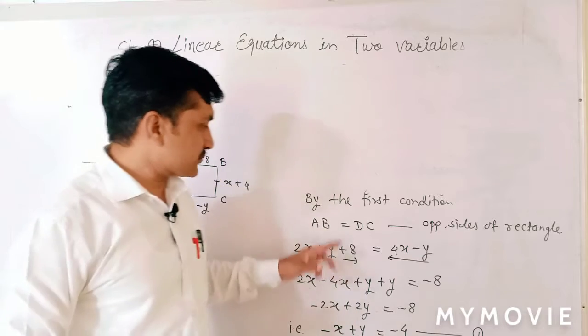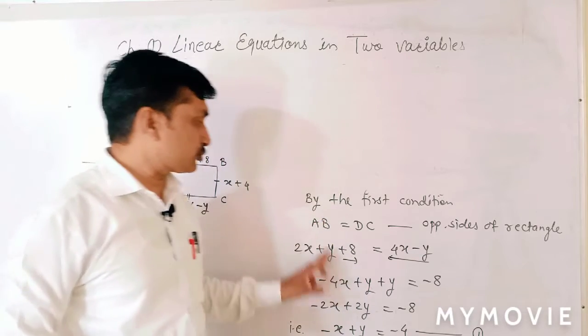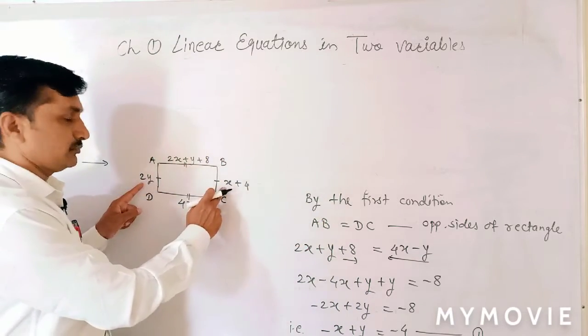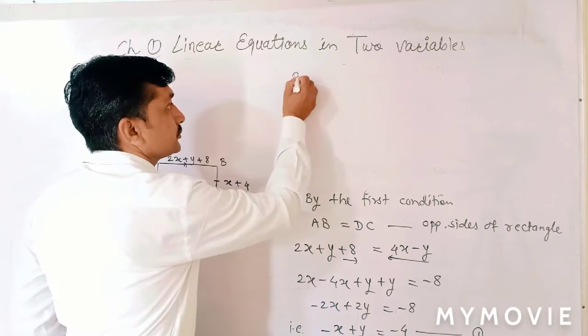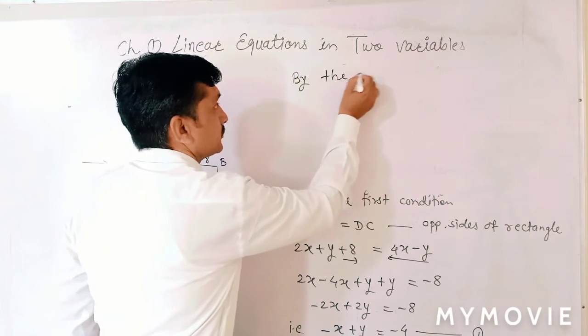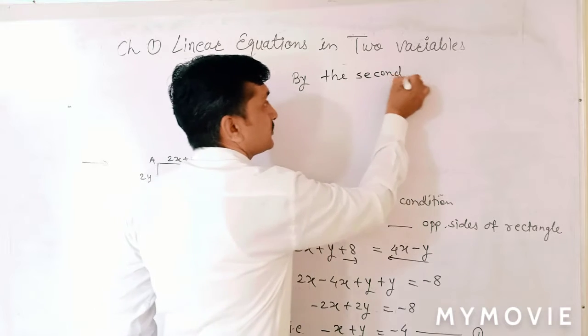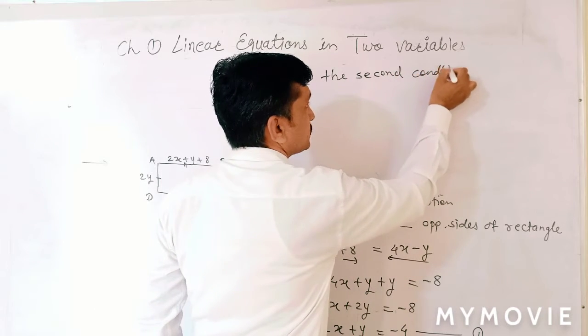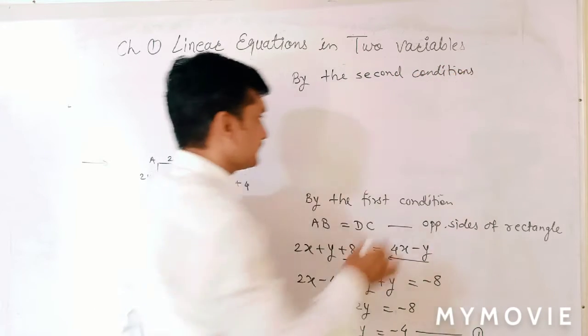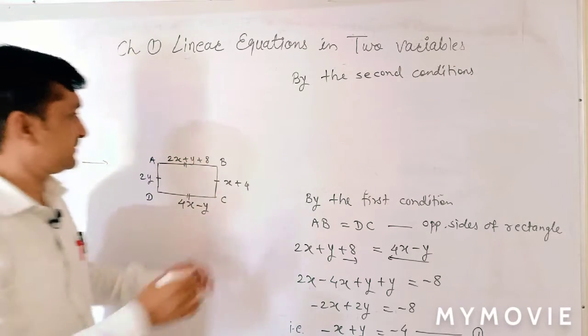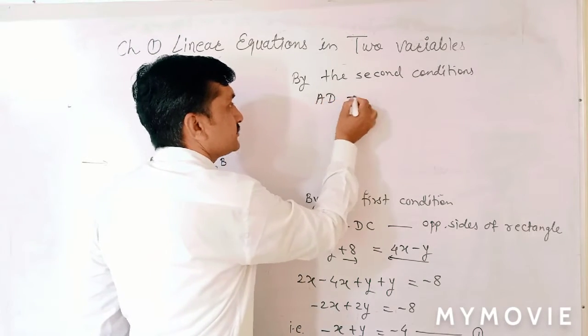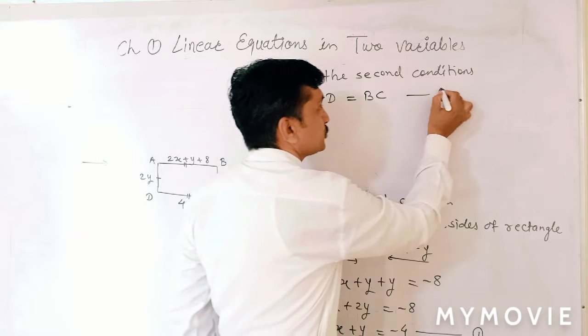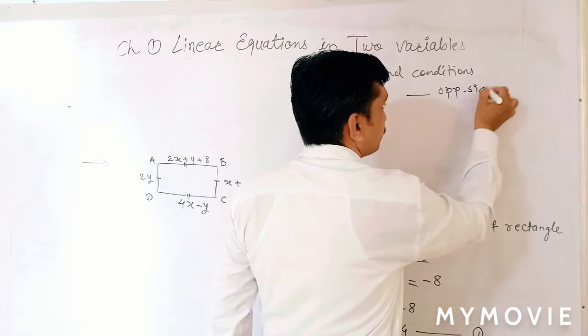Now by the first condition we got the first equation. The second condition is about breadth, again about opposite sides, but AD and BC. AD is equal to BC. These are also opposite sides of the rectangle.